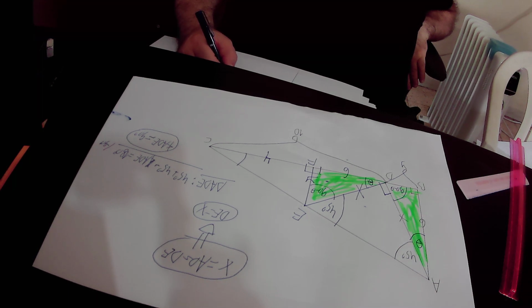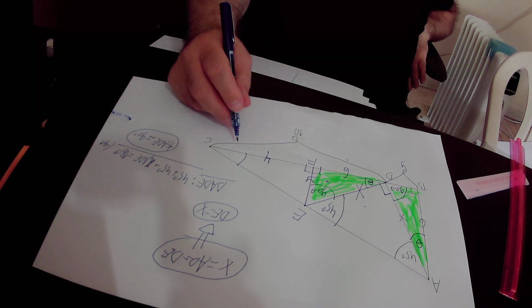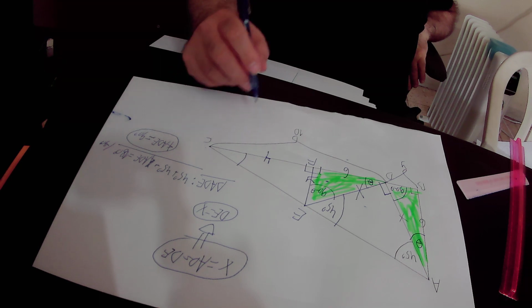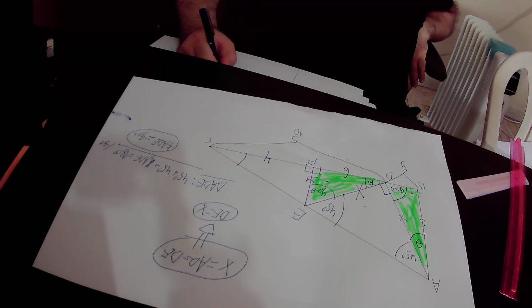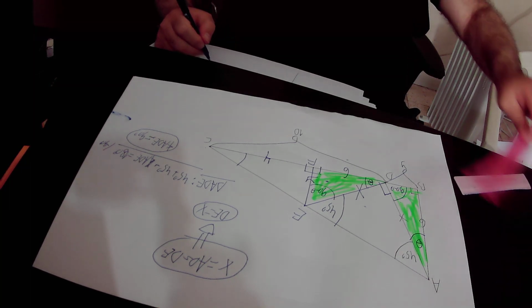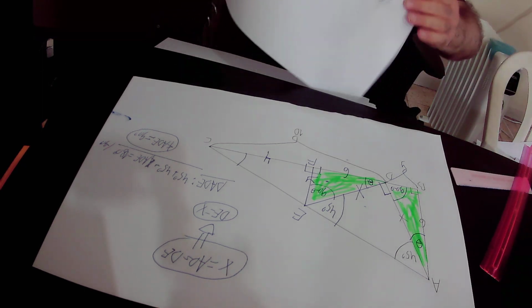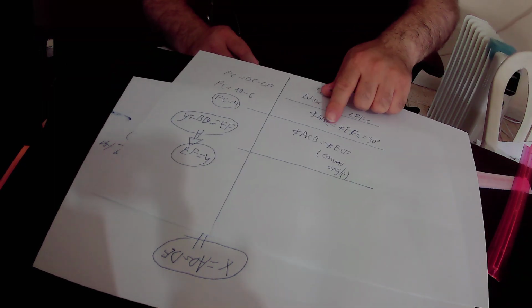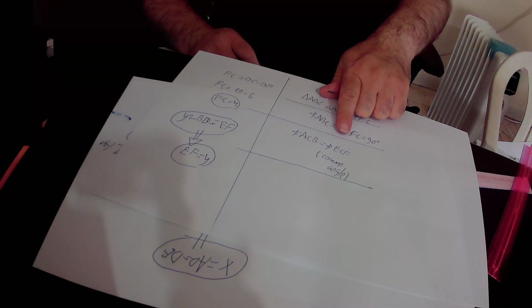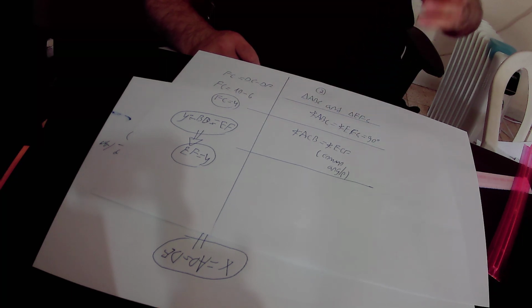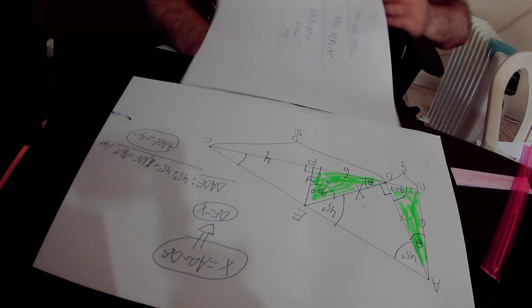They are equal to each other because this angle is a common angle, it belongs to both triangles. I'll repeat again: angle ACB equals angle ECF because this is a common angle that belongs to both triangles.